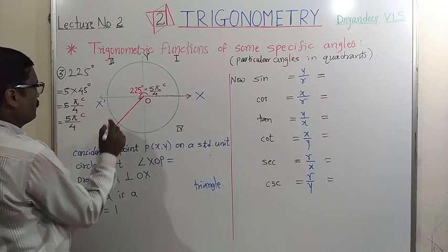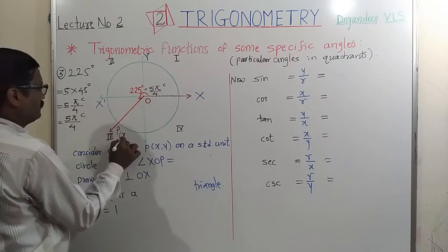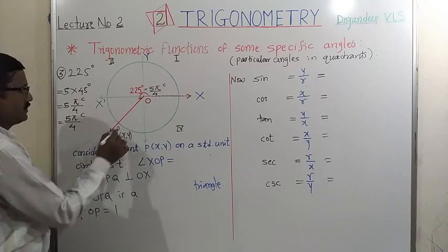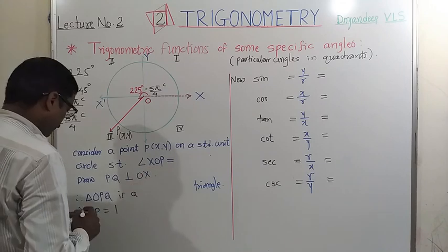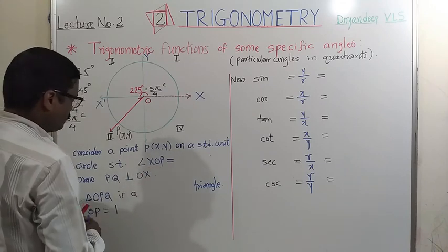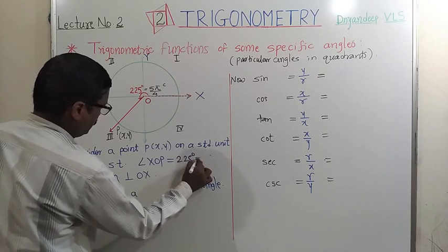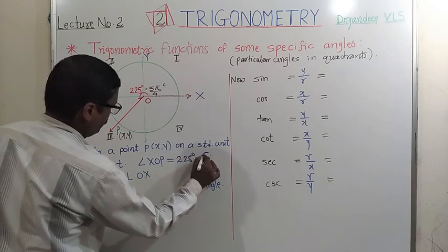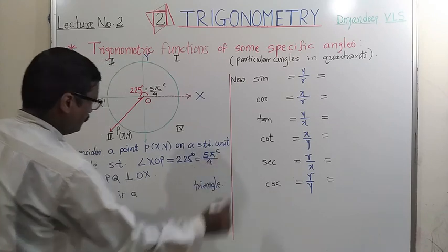Once again, we will take point P in this third quadrant such that angle XOP is equal to 225 degree, and it is nothing but 5 times pi by 4 radian.